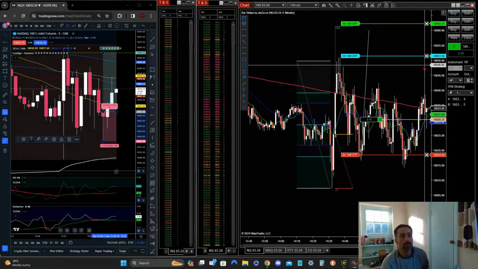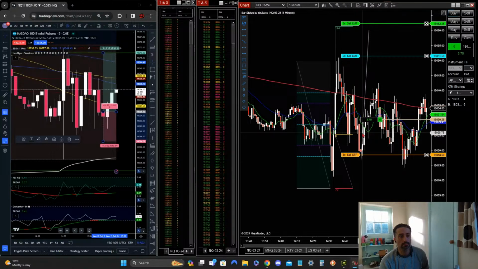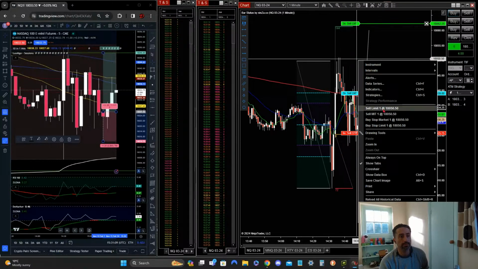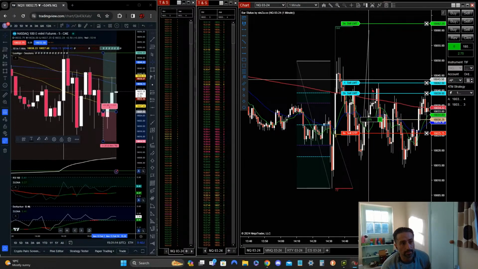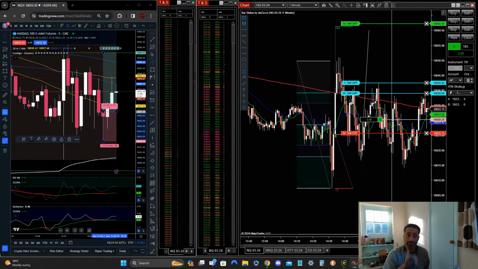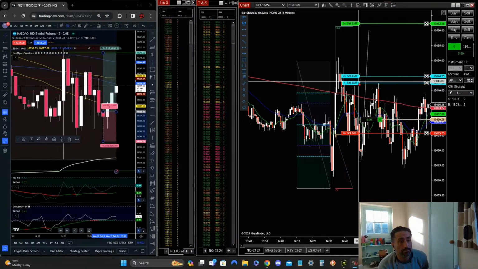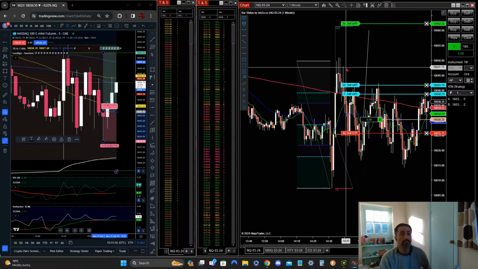I'm going to increase size 2 contracts. We're going to take 2 off here. We're going to take sell limit 1 off here. And that will bring me back to 3. I should maybe change that around. 2 off there. 1 off there.